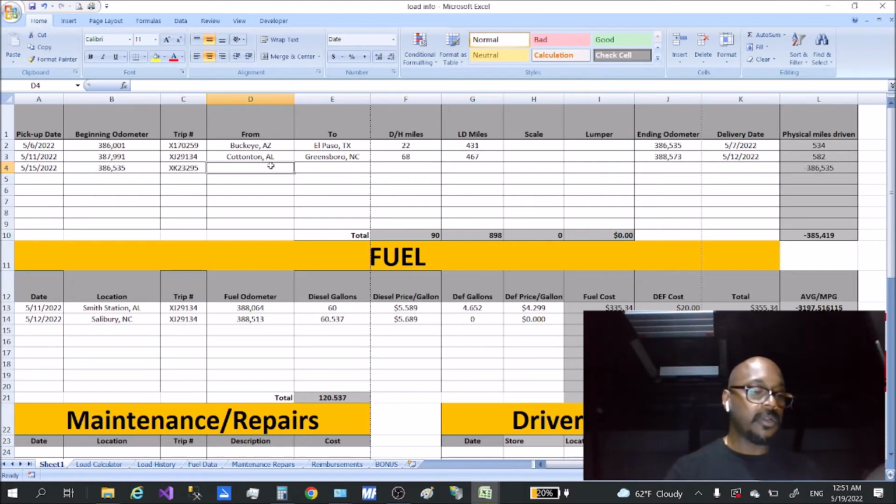And I picked this load up in Hendersonville, North Carolina. Sorry, I'm typing with one hand and holding my phone in the other. And it went to Ogden, Utah.